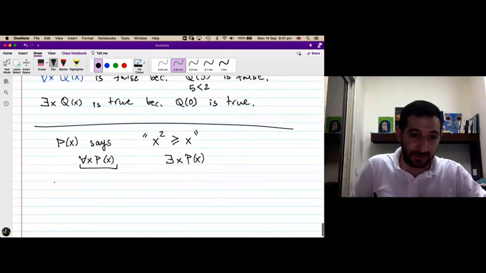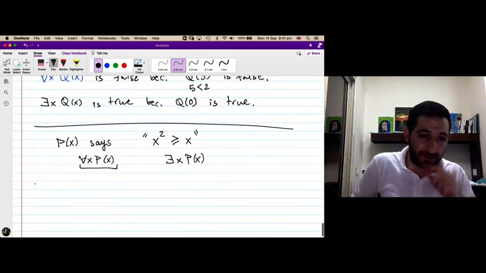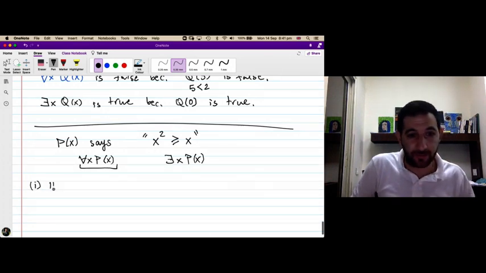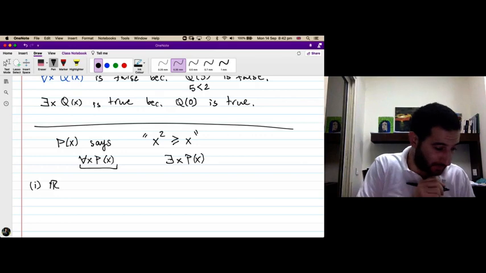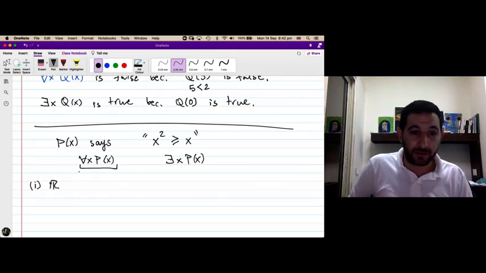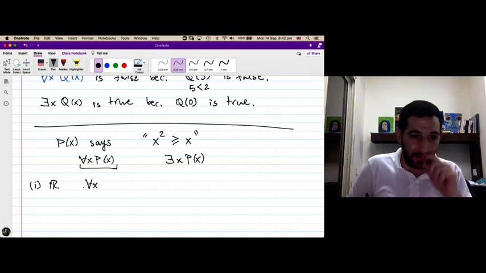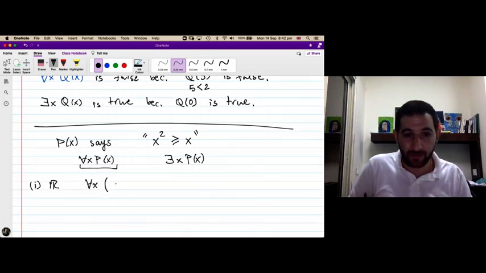So let's consider these two statements in two different domains. The first domain is the set of real numbers. Clearly, what do you think? Is it true that for every real number x we have the property P, namely that the square of x is bigger than or equal to x? Well, this is false because it's not true for every real number.